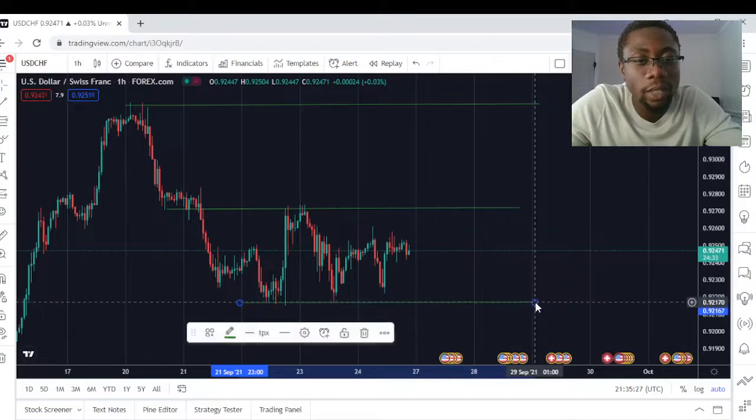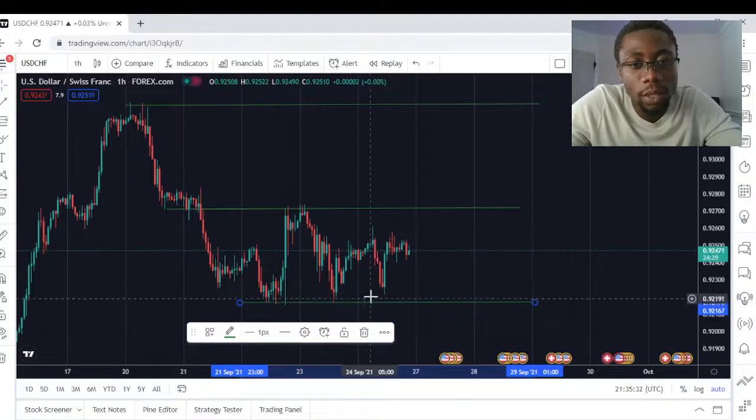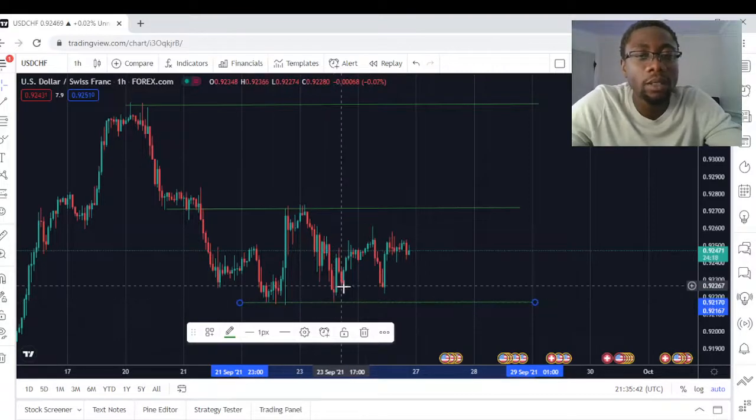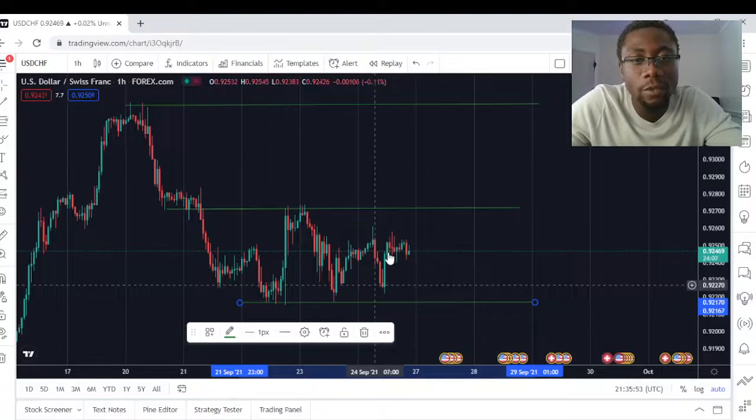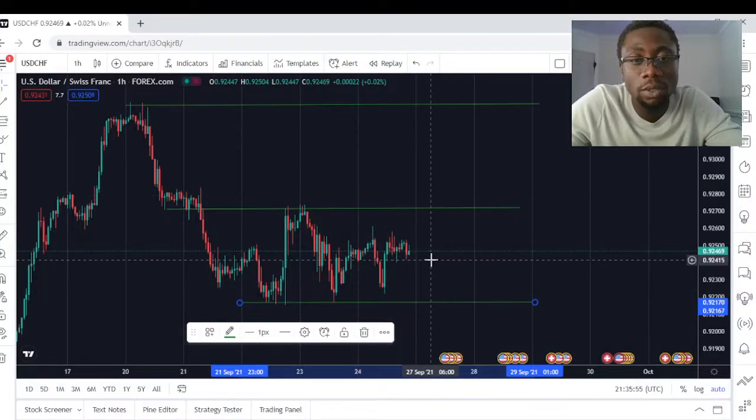And it's a fairly tight range where price came down to touch it. 1, 2, how many pips is that away? We have the 92,170 and the 92,209. Okay, so that's only about 5 pips away. I would say that's pretty close to another touch to this zone specifically. And right now we're kind of just in between these two levels.